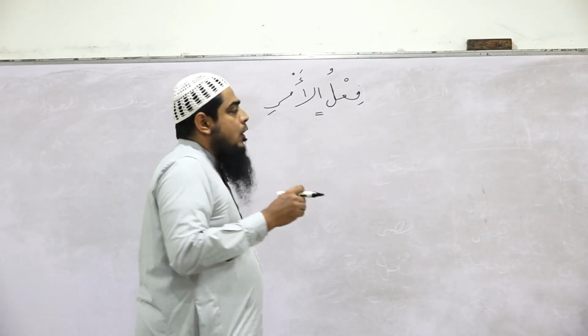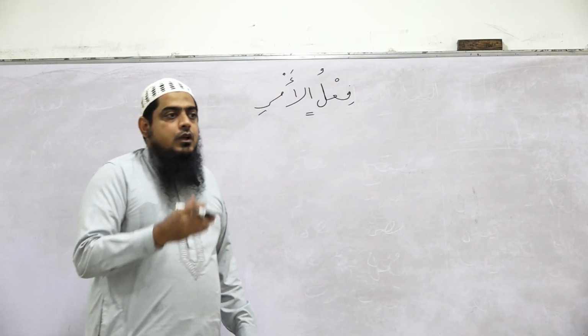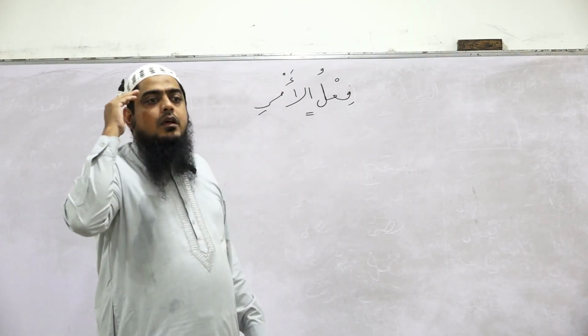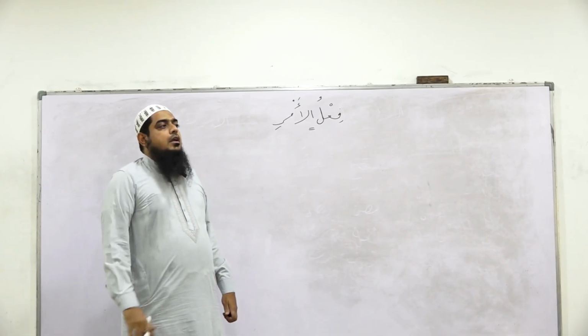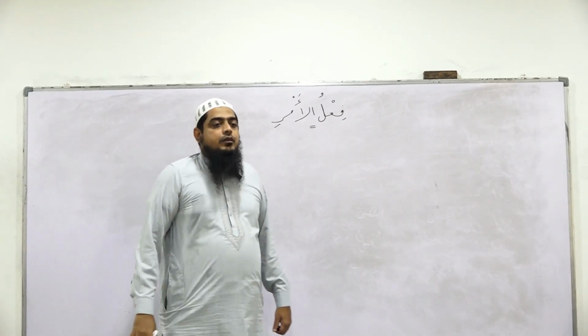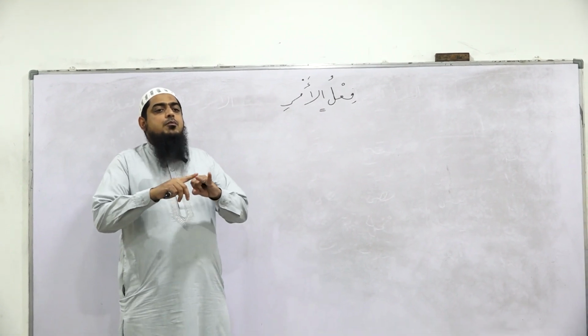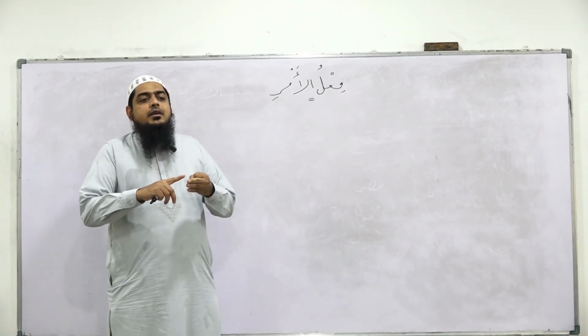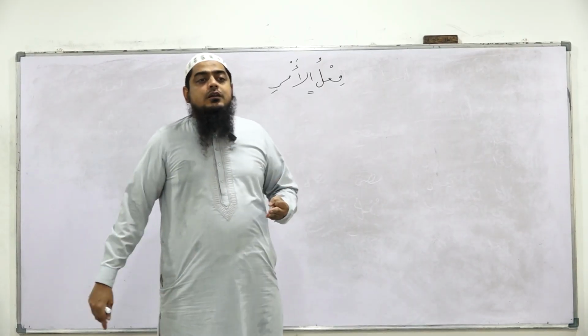Number 2. What's the meaning of amr? Amr meaning to order something. Commanding. You are asking somebody to do something. So to whom you will ask? You have ghaib, you have mukhatab, you have mutakallim. In these 3, to whom you will order?